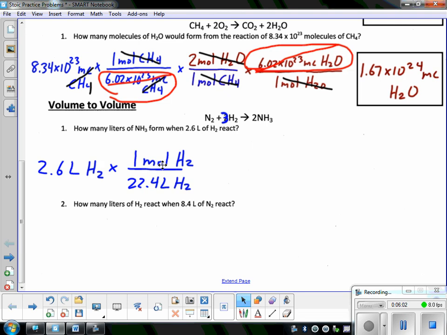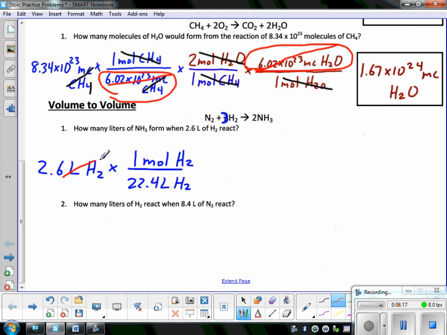It's always 22.4 liters, whether it's a diatomic atom, a polyatomic atom, or something making a covalent bond or an ionic bond. It doesn't matter. It's always 22.4 liters.